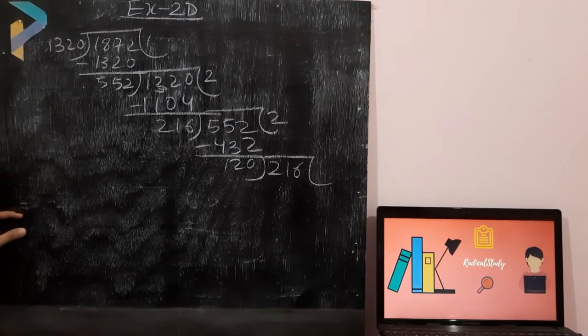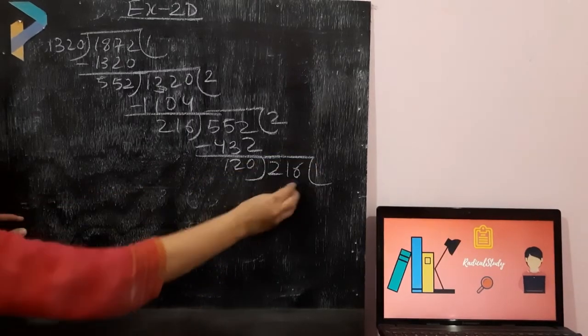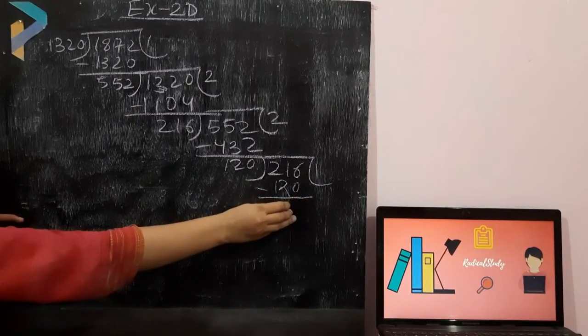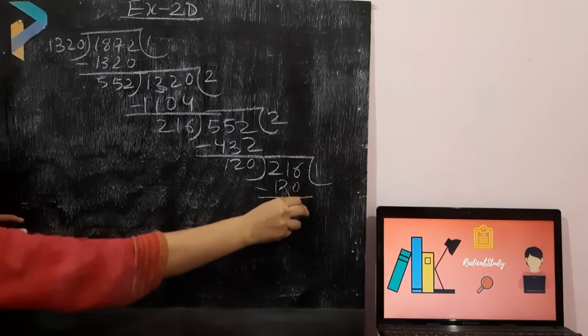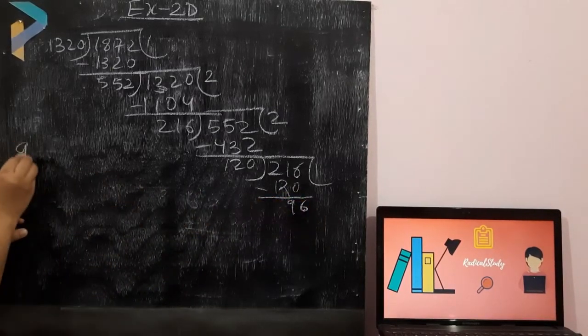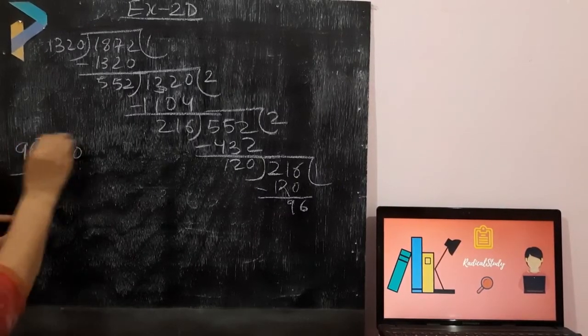So 120 was the remainder, it became the divisor, and the divisor became the dividend. Now 120 will be divided by 216. So 120 ones are 120. What will be the remainder? The remainder will be 96. Now it's not possible to divide over here. So 96, that is the remainder, will become the divisor, and 120 will become the dividend.